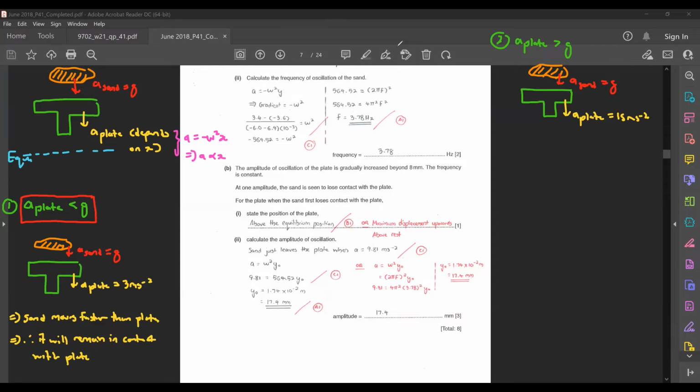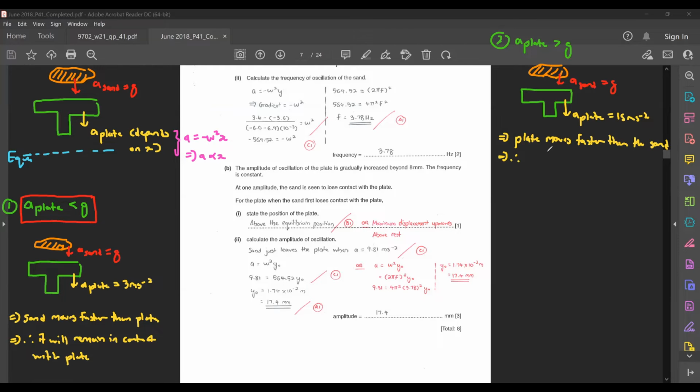So here, because my plate is having an acceleration of 15 meters per second square, whereas my sand is only having an acceleration equal to g, this means that the plate moves faster than the sand.